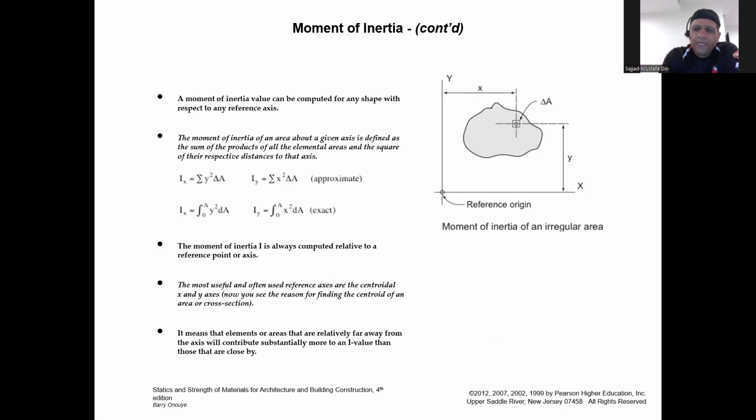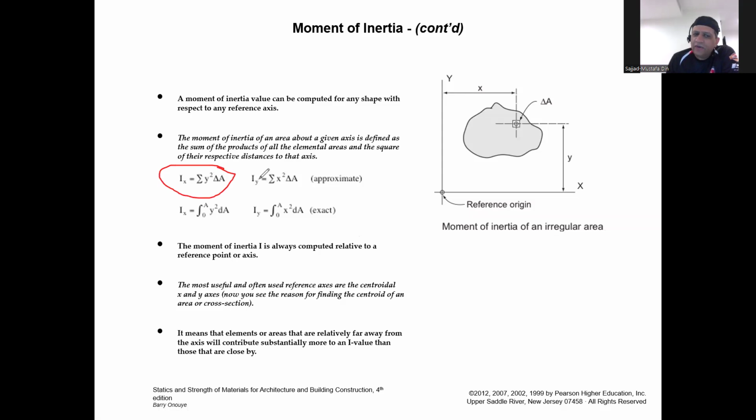So how do you determine the moment of inertia? You are going to be using a reference axis, right? And for us, we're going to be using the parallel axis theorem. And the formula that you want to focus on: if it's around the x-axis, this is going to be the formula, the sum of y squared times the area.